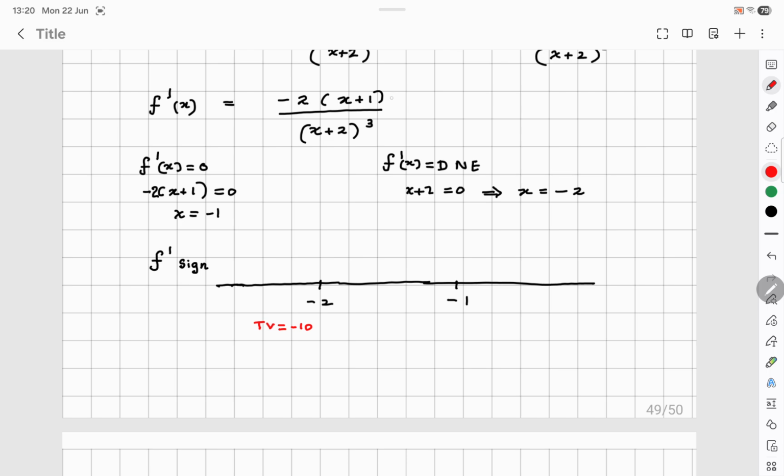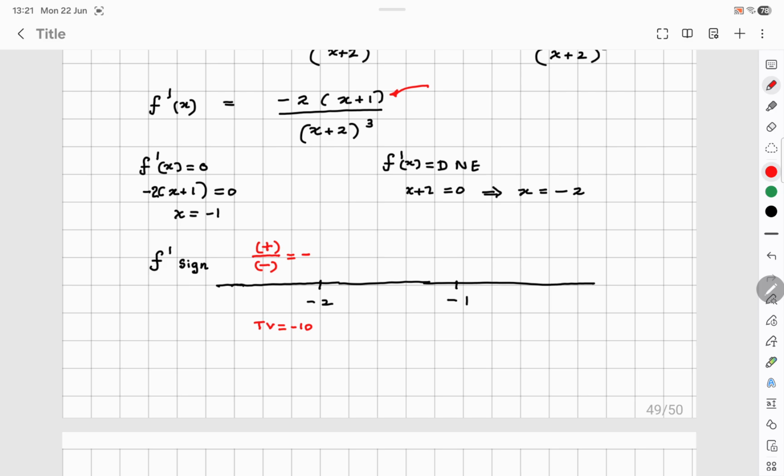So I have to substitute minus 10 into the derivative. What do you get? What's the derivative sign? Substitute minus 10 here, so you get minus 2 into minus 9, which is plus, plus in the denominator, and minus cubed will become minus, so plus over minus is what?